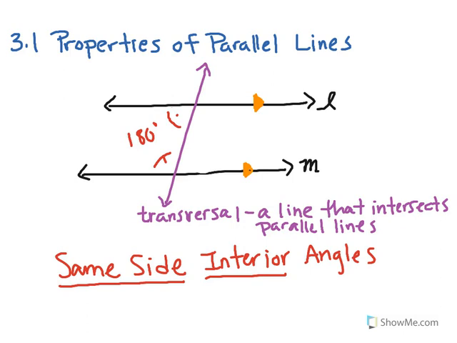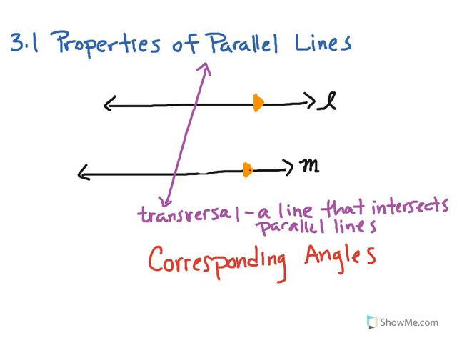All right, let's go ahead and take a look at corresponding angles. Corresponding angles are congruent, and they are kind of the oddball of all of the kinds of angles that come out of parallel lines. Corresponding angles are on the same side of the transversal, yet on different sides of the parallel lines. So, for example, it could be this angle here and this angle here.